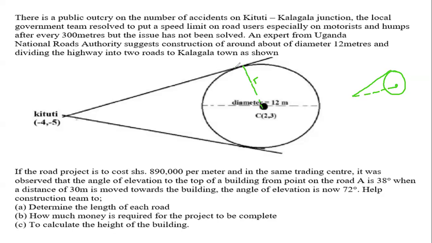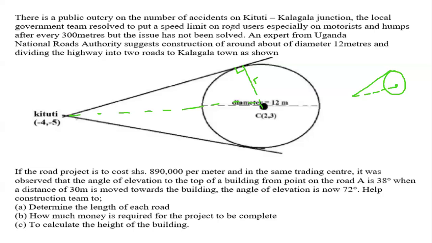The angle formed at this point is always 90. Whenever a radius meets a tangent, the angle you form is 90. So when I complete this figure like this, I have formed a right angled triangle.